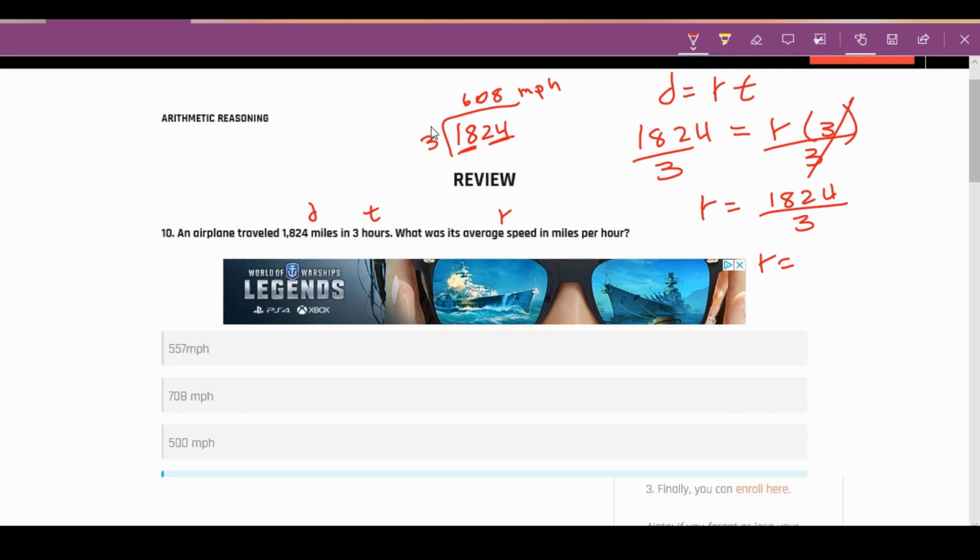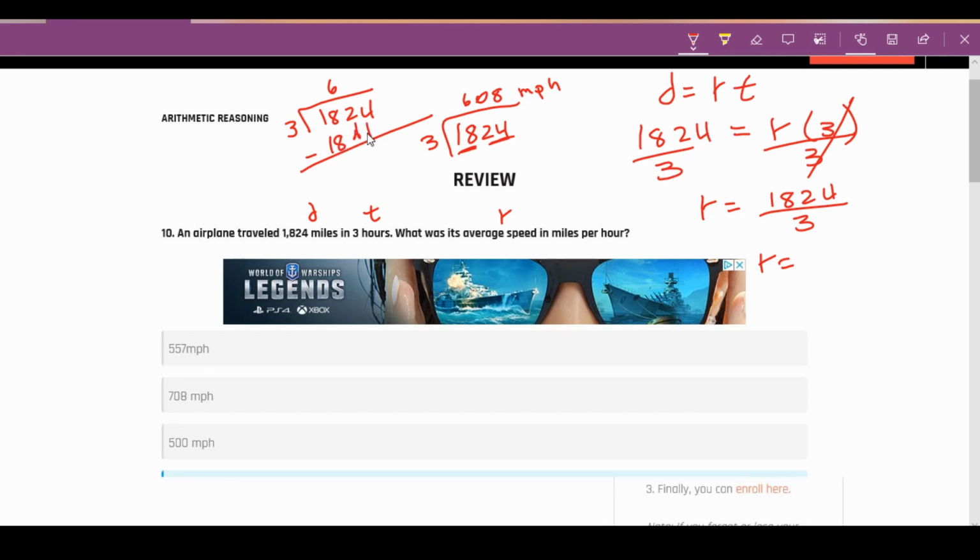That said, if you couldn't do the mental math, let's go ahead and work it out. Three goes into 1, it doesn't, it's too small. 3 goes into 18, as I said, 6 times without going over. 3 times 6 is 18. Subtract. 18 minus 18 is 0.